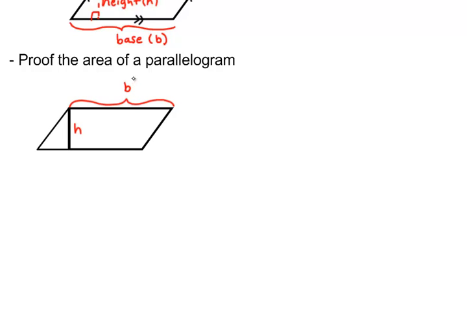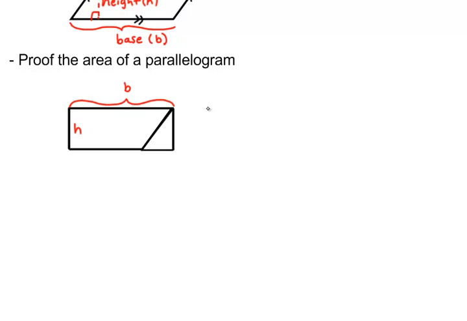Let's relate it to something that the students already know. The students know the area of a rectangle, correct? So if the area of a rectangle is base times height, we could just cut off the corner of this parallelogram and we can make a rectangle out of it.